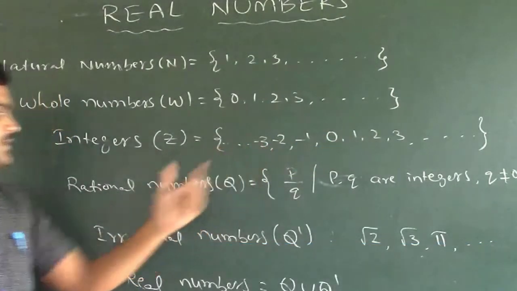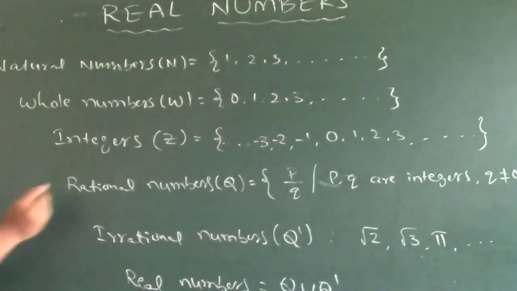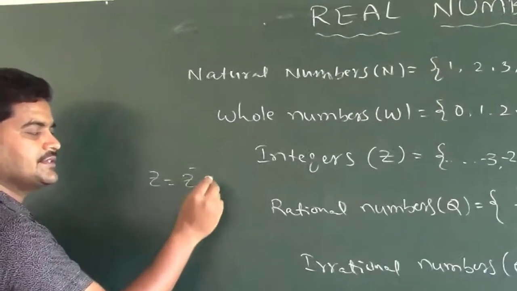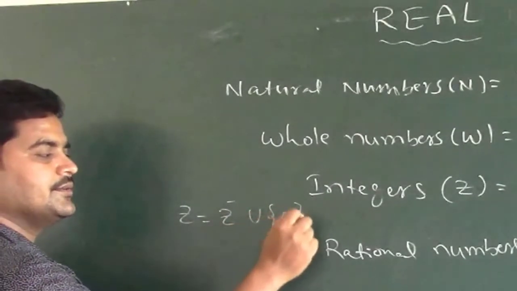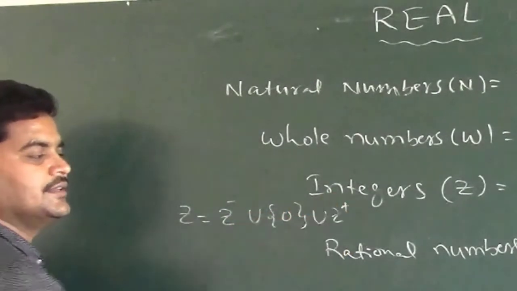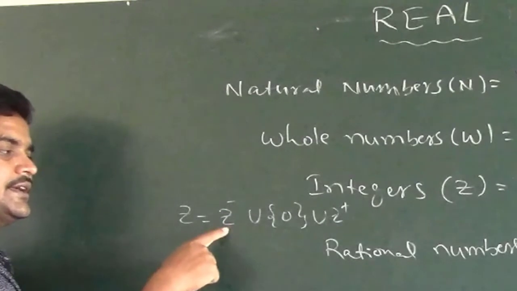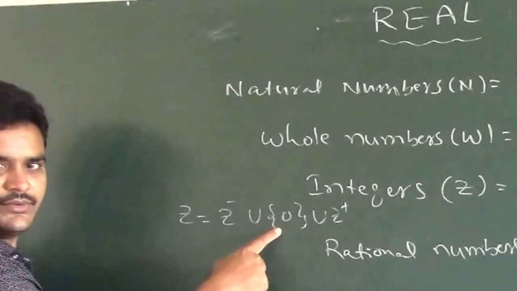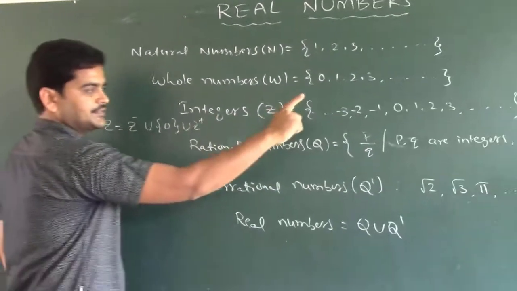This is written as Z is equal to Z minus union 0 union Z plus. That means the negative integers and positive integers including 0 are called integers.